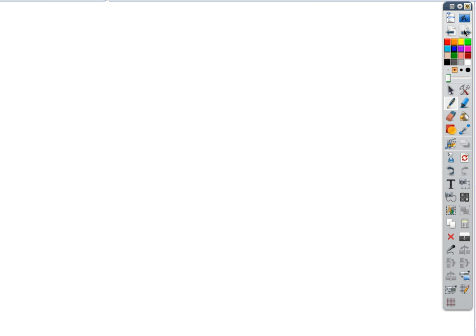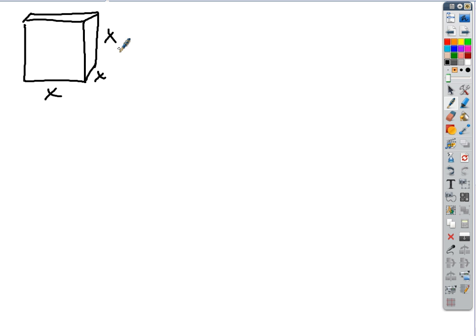Let's say we've got a cube, and we want to find the volume of the cube, and we can measure x to be 10.1 centimeters plus or minus 0.1 centimeters. Let's find out what is the propagated error in calculating the volume of that cube.